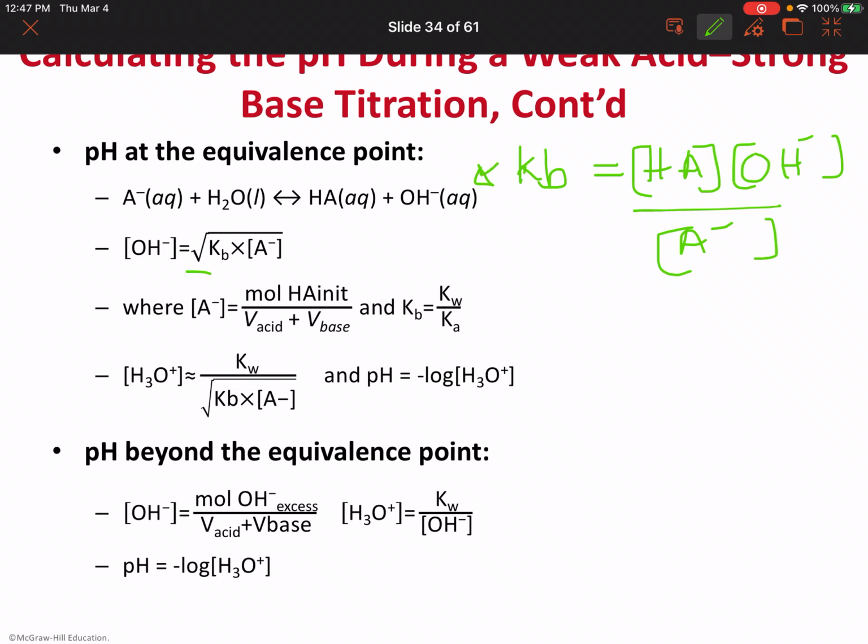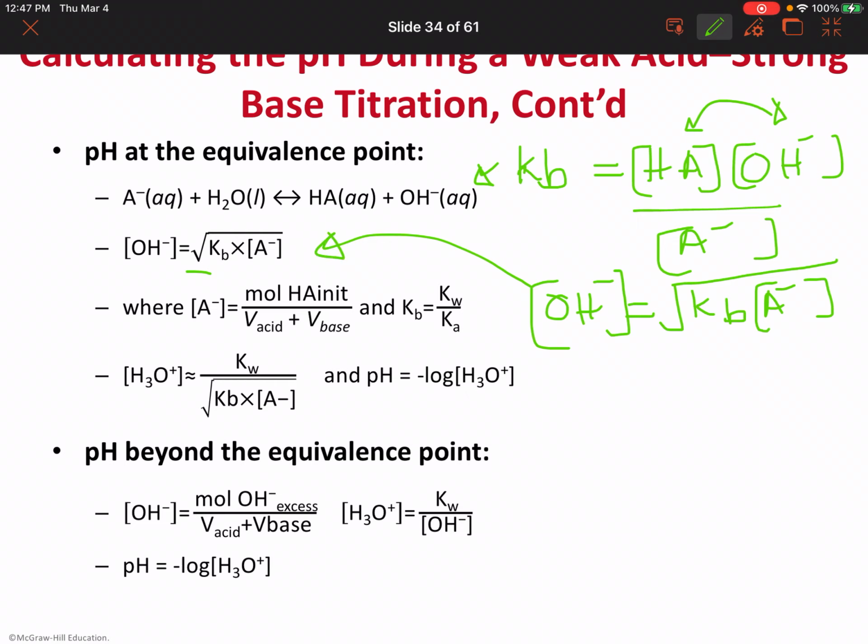So the hydroxide and HA are going to be the same amount, like your X amount, right? So then the hydroxide is going to be the square root of Kb times A minus. That's what you have over here, since these two are the same if you consider them as your X.